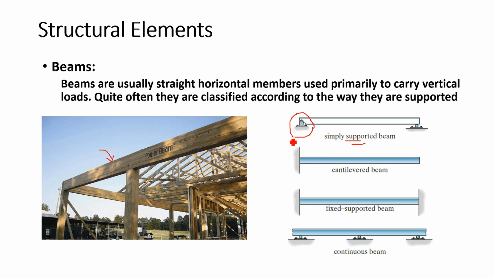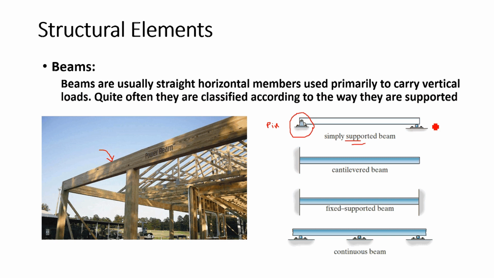For the moment, keep it in mind. If the support is shown with this symbol, it represents a pin support. I will explain what a pin support is in the next chapter. If a structure's symbol is like this, we call it a pin.